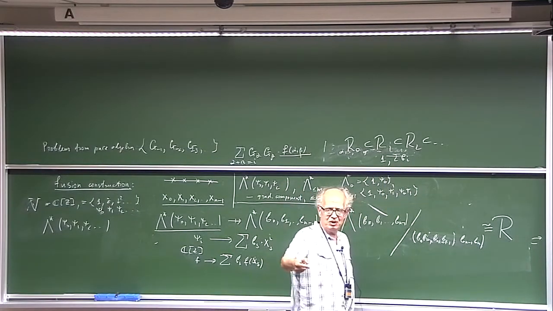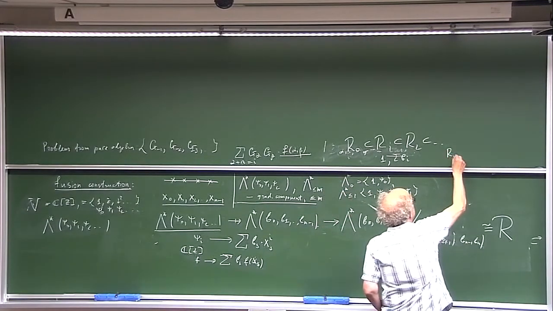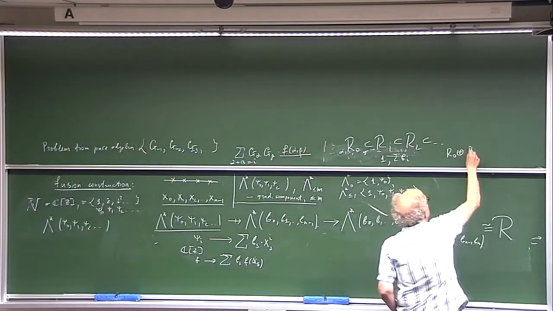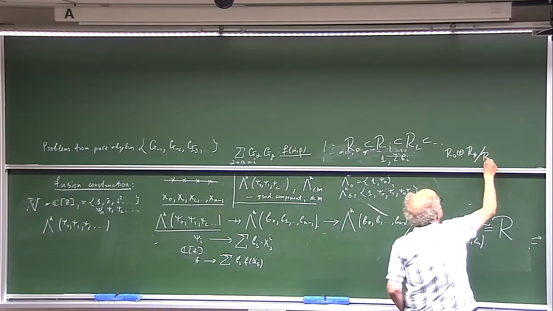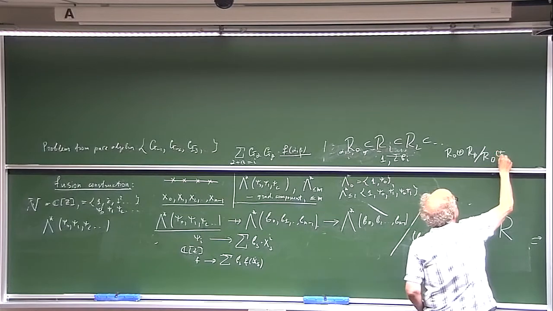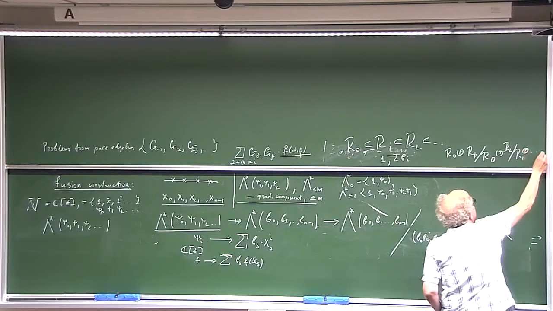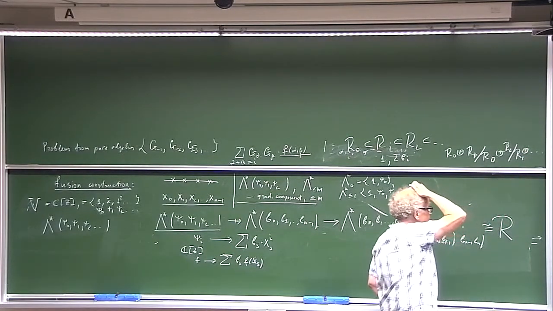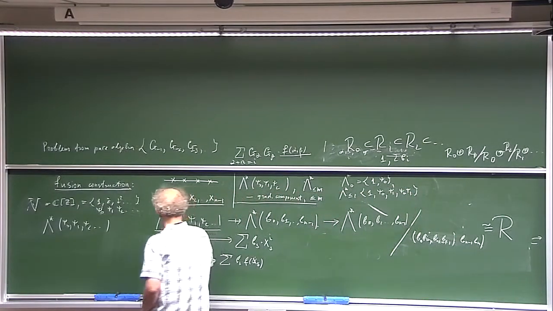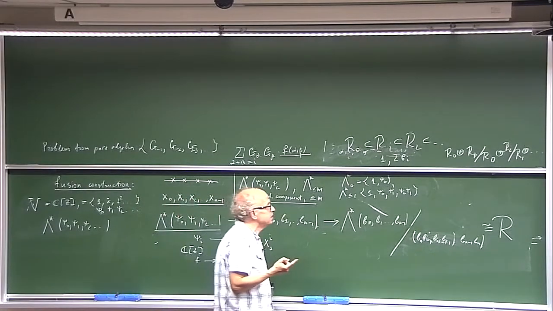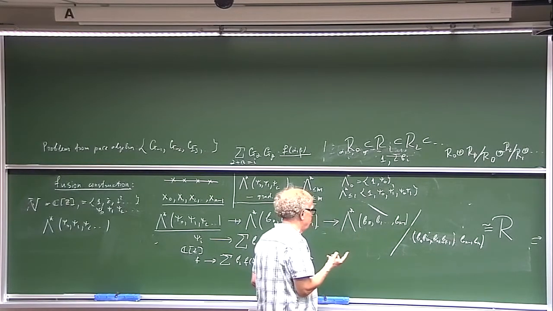R2 is bigger and bigger, and so I have R0 plus R1 over R0 plus R2 over R1, and so on. By this way I get some representation of the Grassmannian algebra, which has dimension equal to a Fibonacci number.